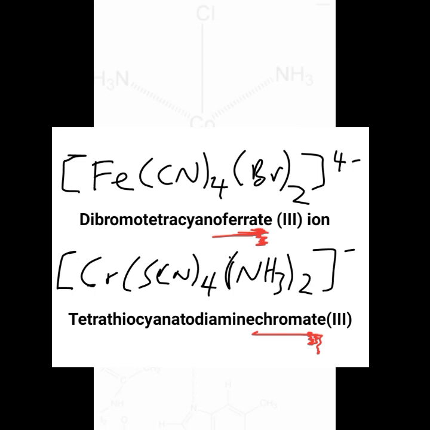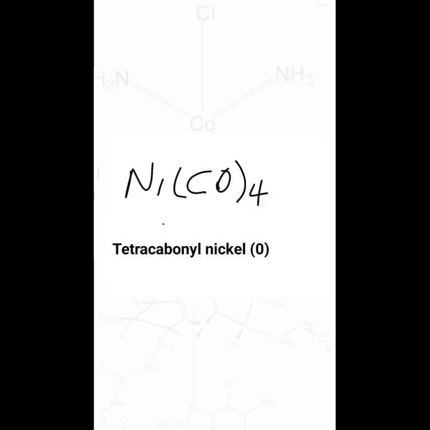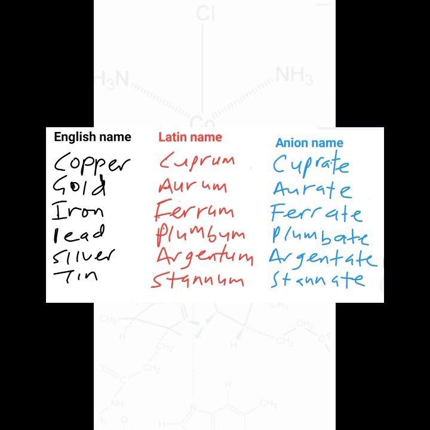For anionic complexes, the central metal atom will carry a suffix -ate followed by the oxidation number of the metal using Roman numerals in parentheses. Oxidation number of 0 is indicated by 0 in parentheses. Priority is given to the Latin name of the metal if it exists, except for mercury.